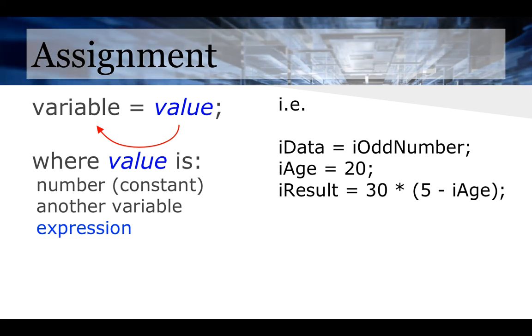You can also use another variable since both of them are, let's say, envelopes. Basically, what you're seeing here is that the content of the envelope on the right will be copied, not translated, just copied from one envelope to the other one.